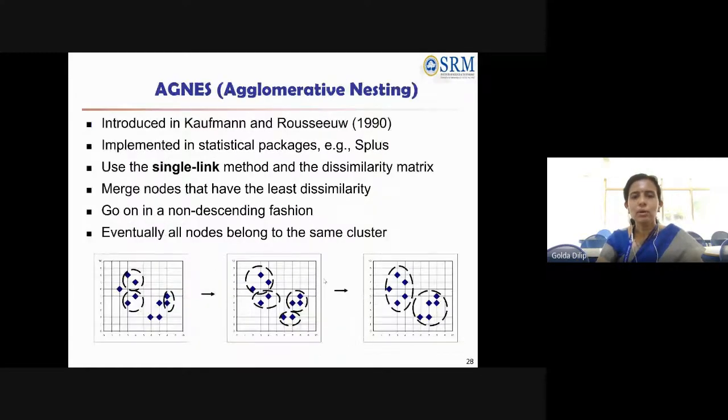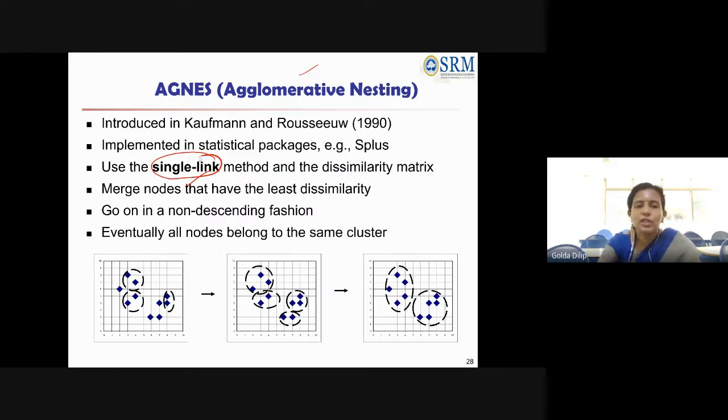Now we will look into what agglomerative clustering is all about. This is agglomerative nesting, with the person who introduced it mentioned here, and you can see it uses the single link method and the dissimilarity matrix. Let me tell you what that is.